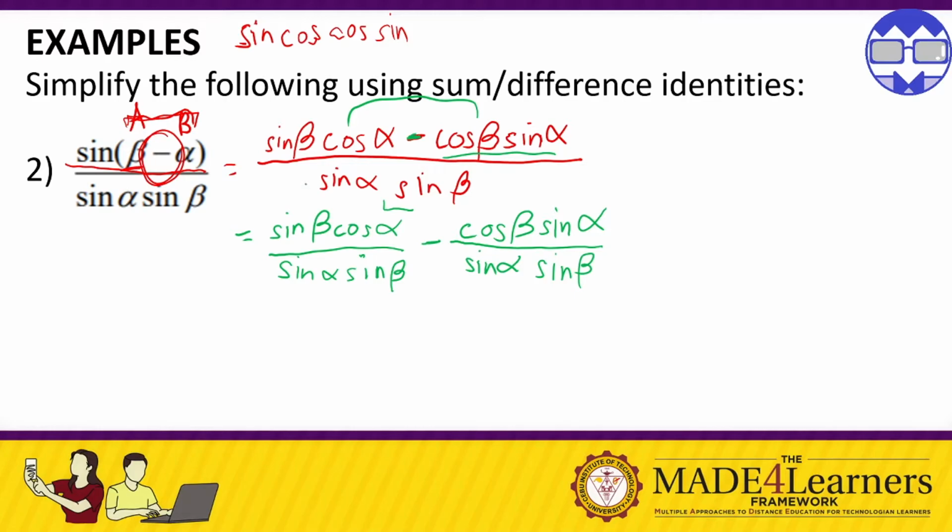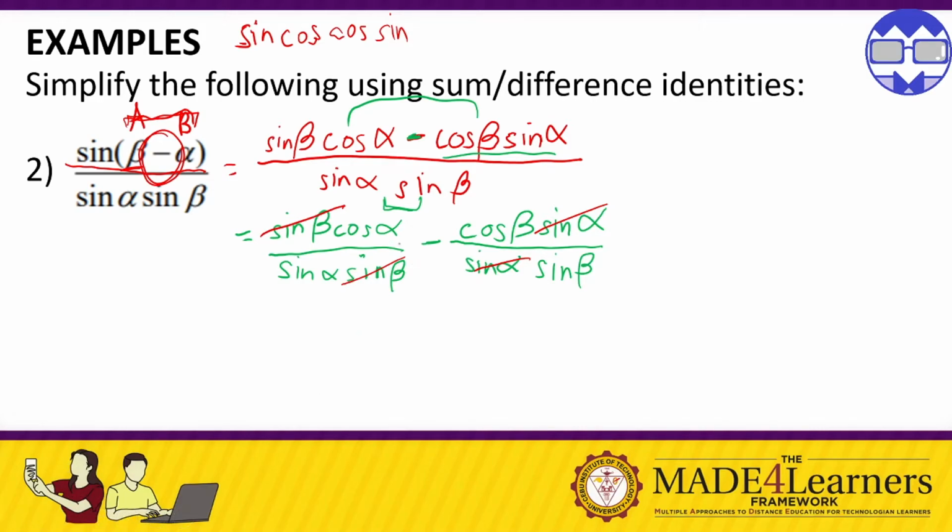We copy the denominator of the terms. Observe, we can cancel out sine beta in the first term, and sine alpha in the second term, and voila, it's now obvious.